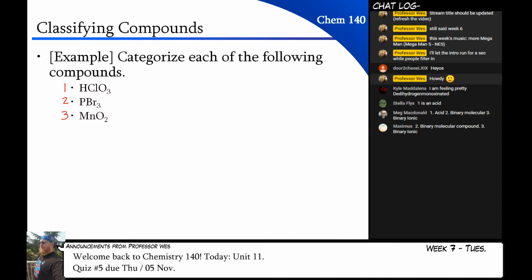Alright, so we got 1 is an acid, that's right. And we can identify that because it starts with H. 2 is binary molecular, because it only has, not nom, that's what you do when you eat something, because it only has non-metals.